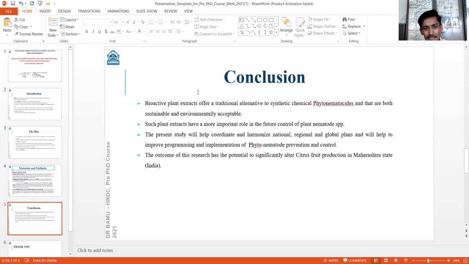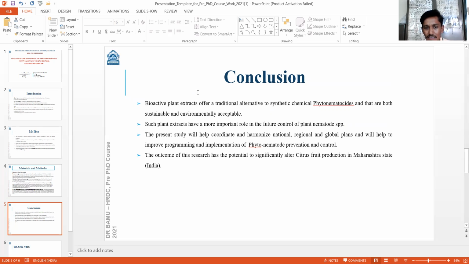Such plant extracts have an important role in the future control of plant nematode species. The present study will help coordinate and harmonize national, regional, and global plans, and will help to improve programming and implementation of phytonematode prevention and control.